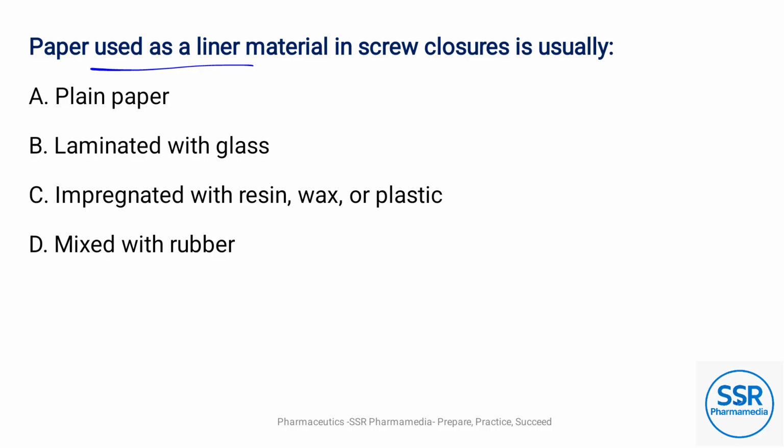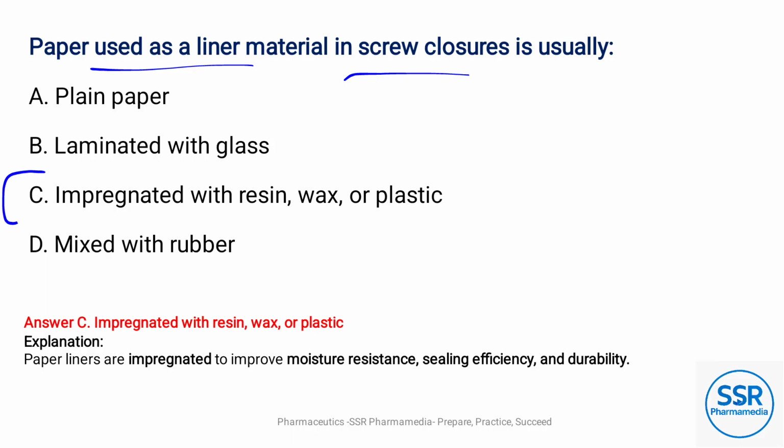Paper used as the inner liner material in screw closures is usually impregnated with resins, wax and plastic, so the answer is option C. The paper liners are impregnated to improve moisture resistance, sealing efficiency and durability.